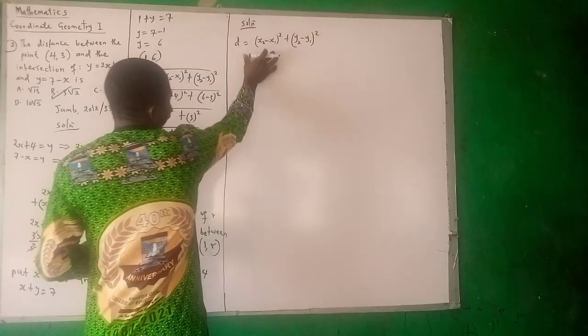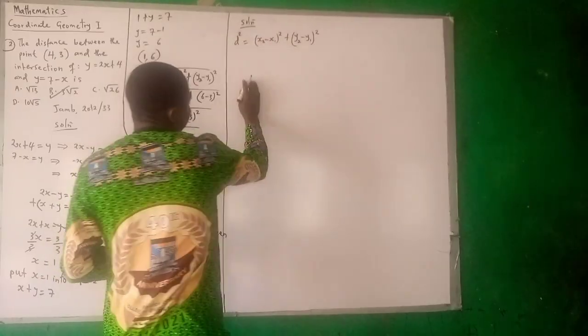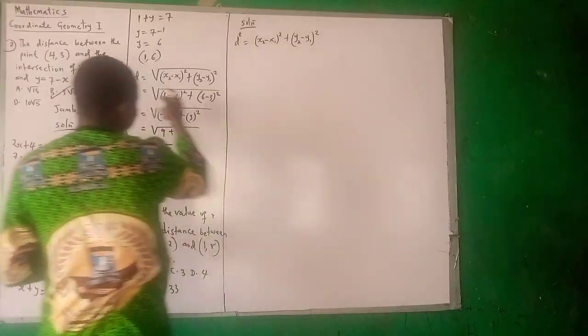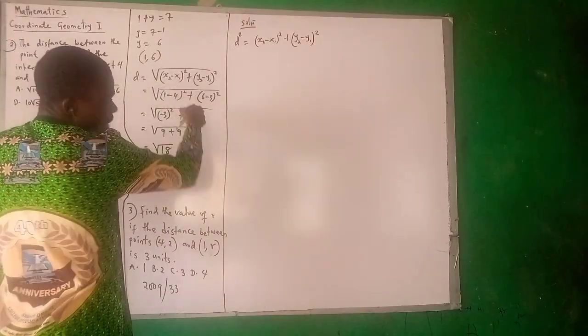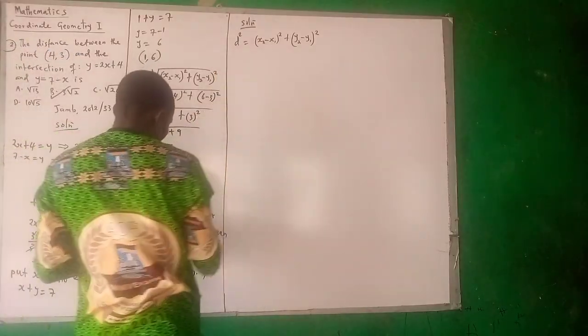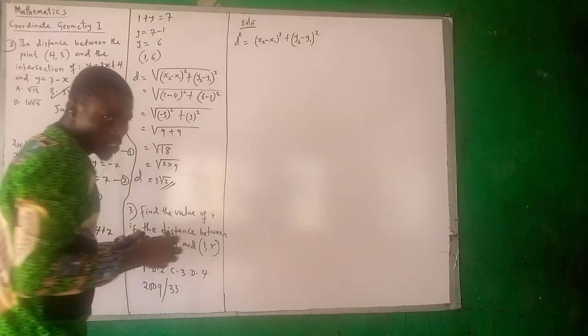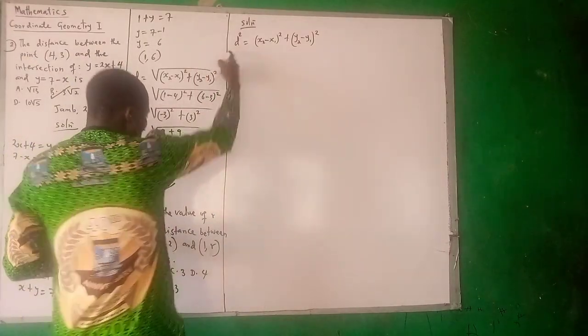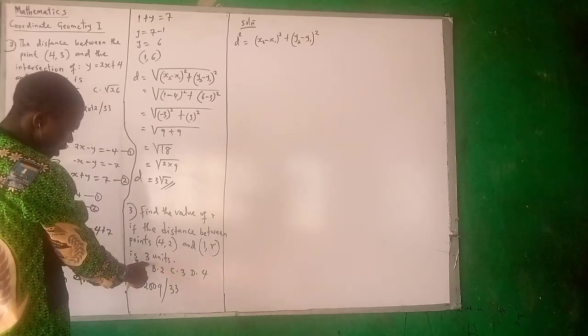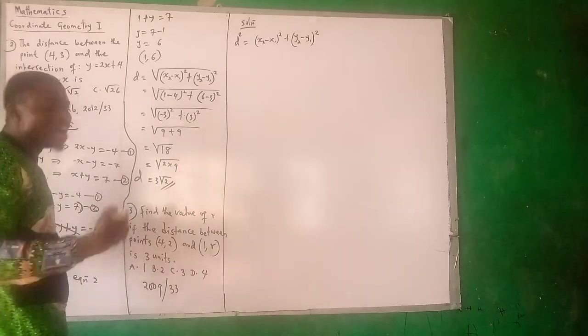I hope you know this formula. It is the same as the one where we take the square root of both sides. I'm going to start with this one. Now my d, which is the distance, is 3, so I'm going to substitute everything.